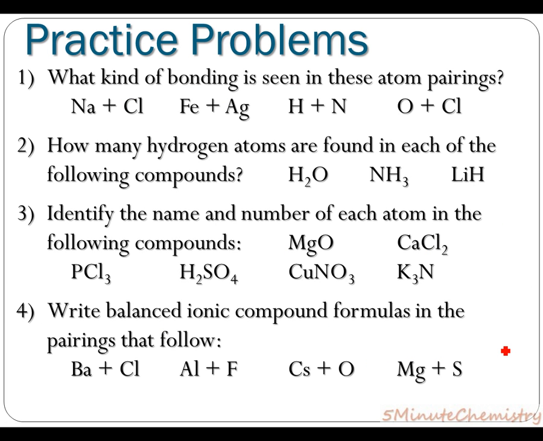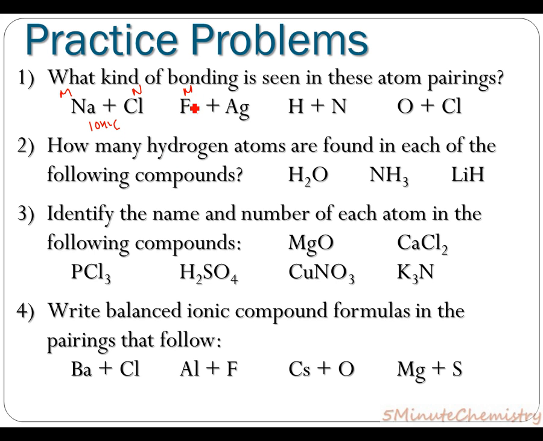Now I will let you work out these practice problems. Then I will show you how these should be solved. So I'll assume that you've taken the time now, you pause the video. We'll begin just by identifying the bonding type. So here I have sodium and chlorine, so this is a metal and a nonmetal, which means this must be ionic bonding.